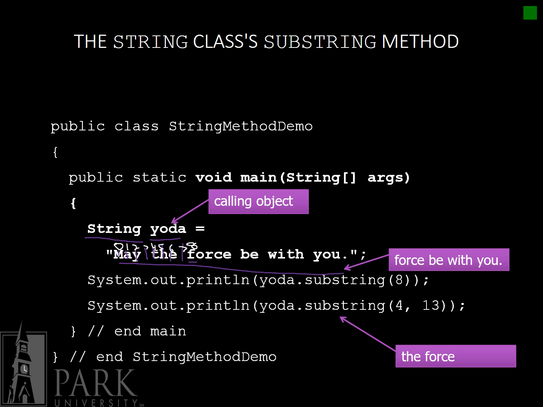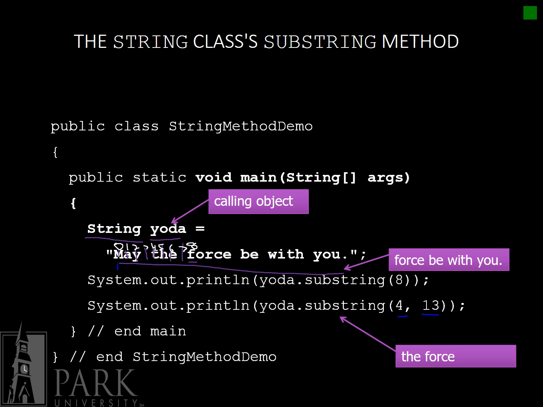If we do our counting again, we're going from index 4 to not including index 13. Index 4 is 0, 1, 2, 3, 4, so we're going to start with "the force", because the 4th index is the 5th character. It's all the way up until the 13th character, but not including it.